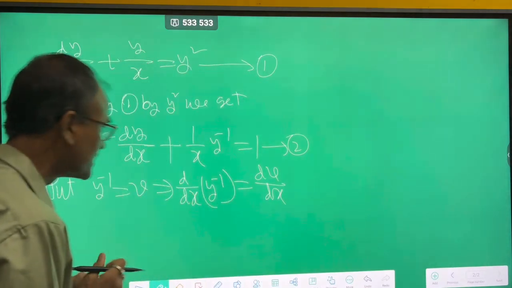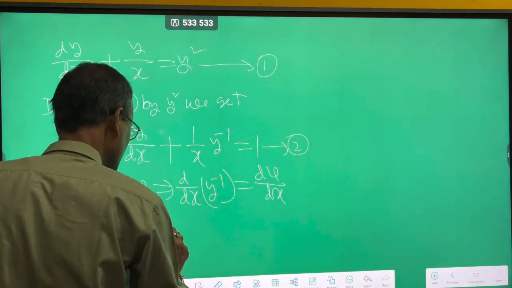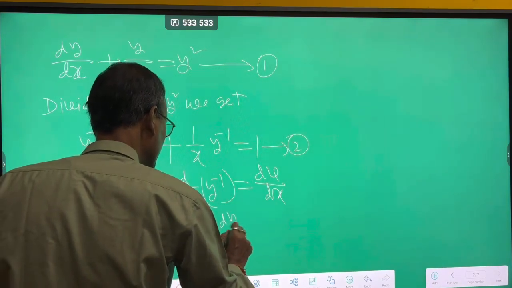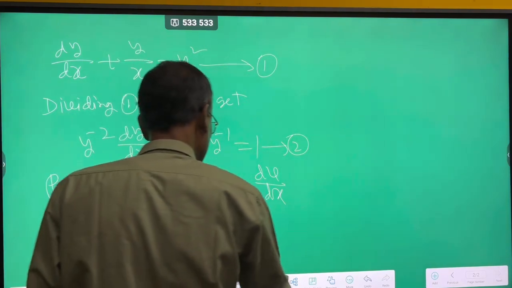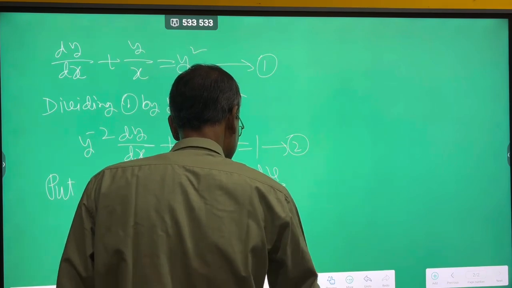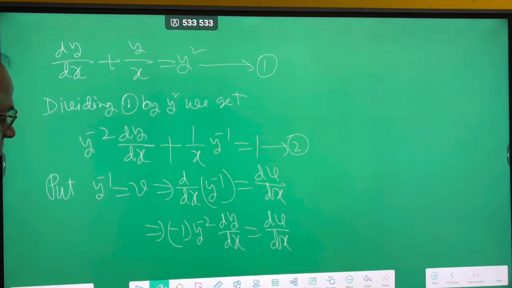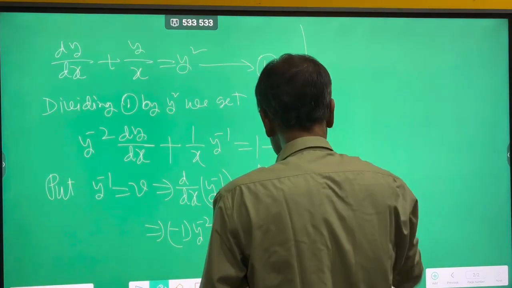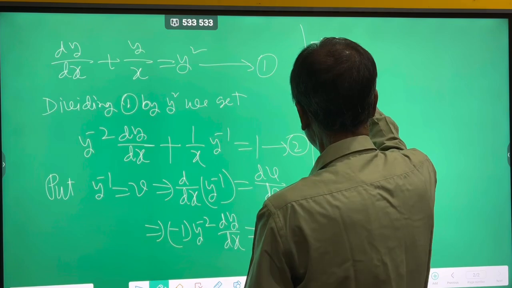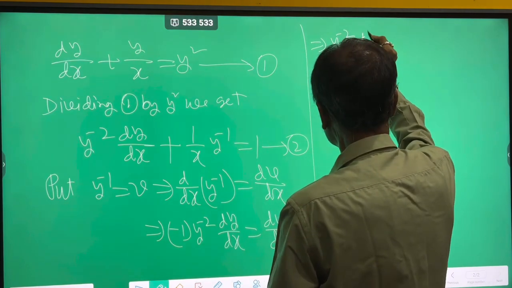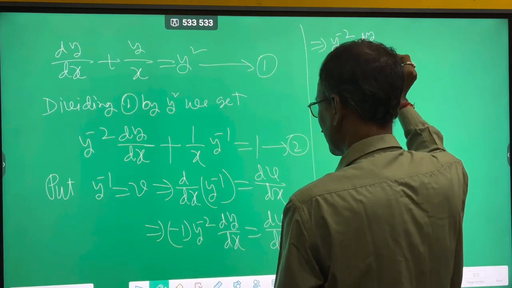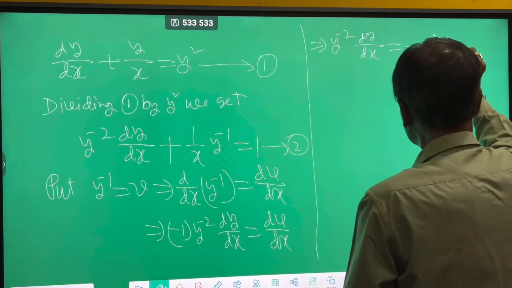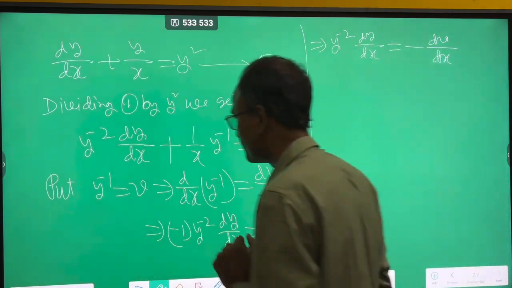This means minus 1 y to the power minus 2 dy by dx equal to dv by dx. This means y to the power minus 2 dy by dx equal to minus dv by dx.